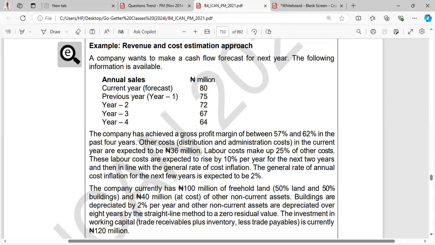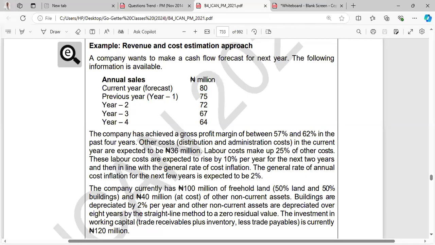Then previous year, year one, was 75. They are going back 1 year back, so it was 75. 2 years back, it was 72. 3 years back, it was 67. 4 years back, it was 64.